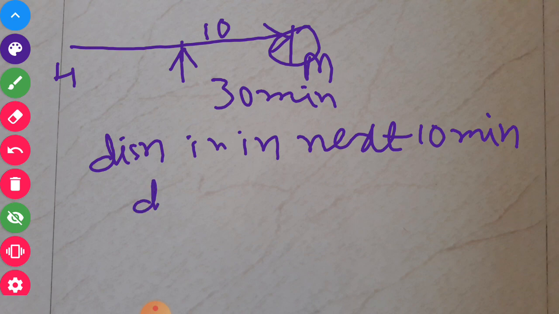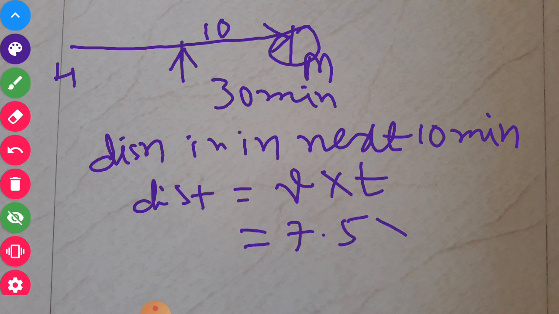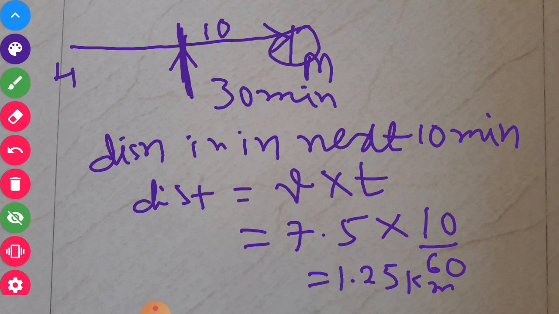In 10 minutes how much distance does he travel? That distance traveled from market towards home will be equal to velocity multiplied by time, and the velocity of returning is 7.5, I am just taking magnitude right now. Time interval is 10 minutes, convert it into hours, so this becomes 1.25 kilometers. So he is here somewhere, 1.25 kilometers from the market. Going there and coming back is path length, but how much is he away from his home?